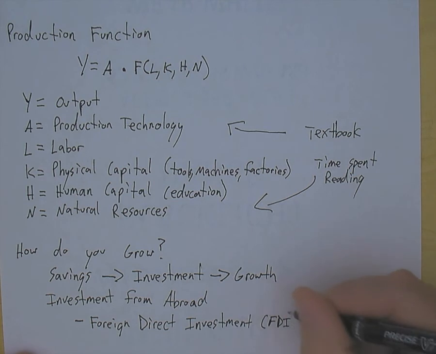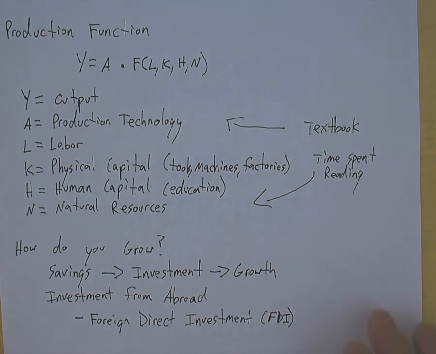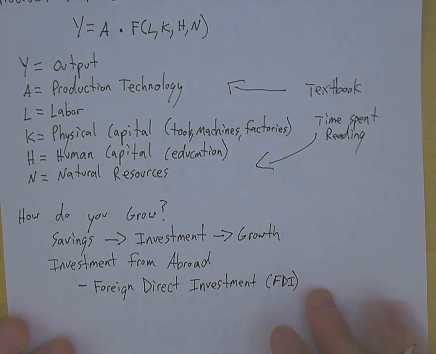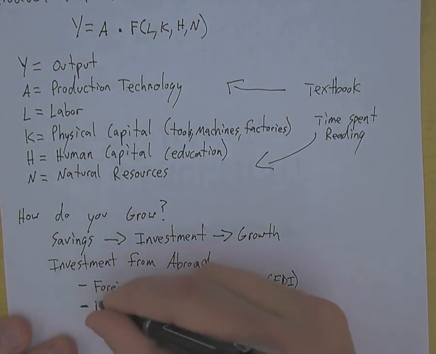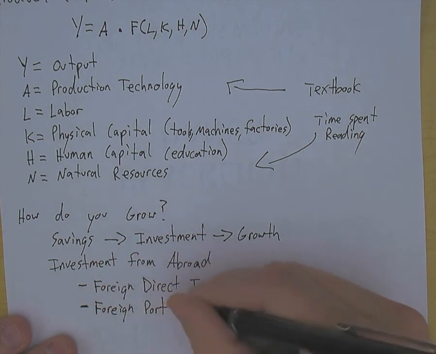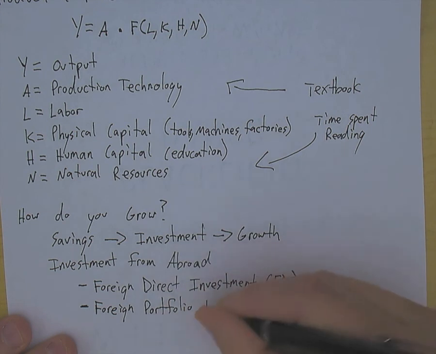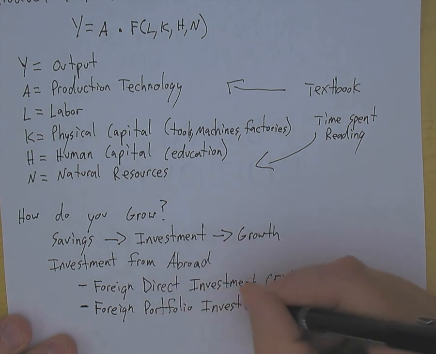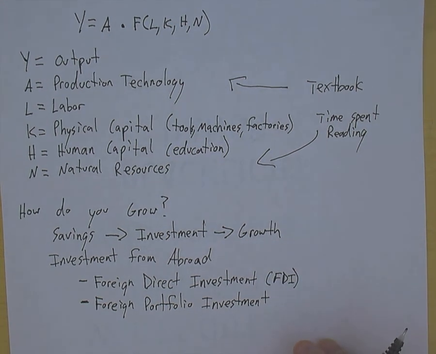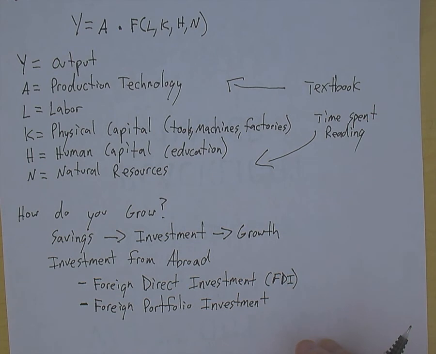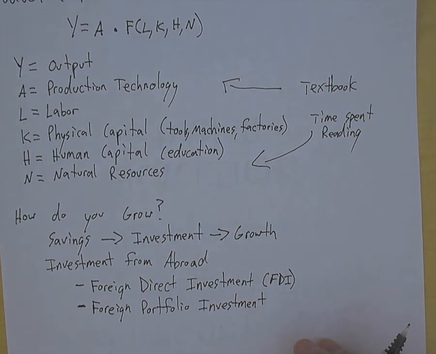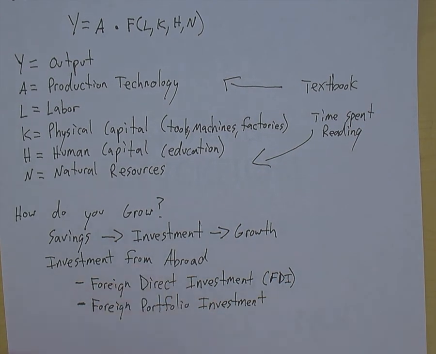We covered this in globalization, which is like setting up a factory in a foreign country. And with this comes jobs and ideas and skills. And we also have foreign portfolio investment. And this is more along the lines of money. Maybe I buy Japanese bonds, or maybe I buy stock in a Brazilian company. This is more of your traditional stocks and bonds, money to the portfolio. So this is investment from abroad.